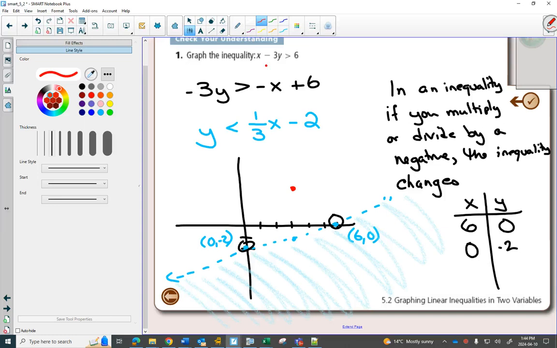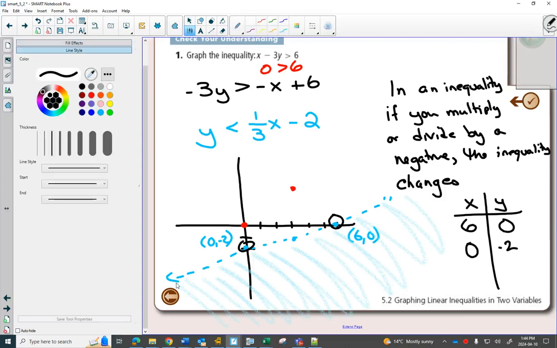If I choose 0 and 0, this side is 0. Last time I checked, 0 was not bigger than 6. Now we have 2 test points that failed in the upper section. So if you had found your 2 points and drawn your dotted line only with those 2 points, now your test points say don't shade above, we're going to need to shade below.